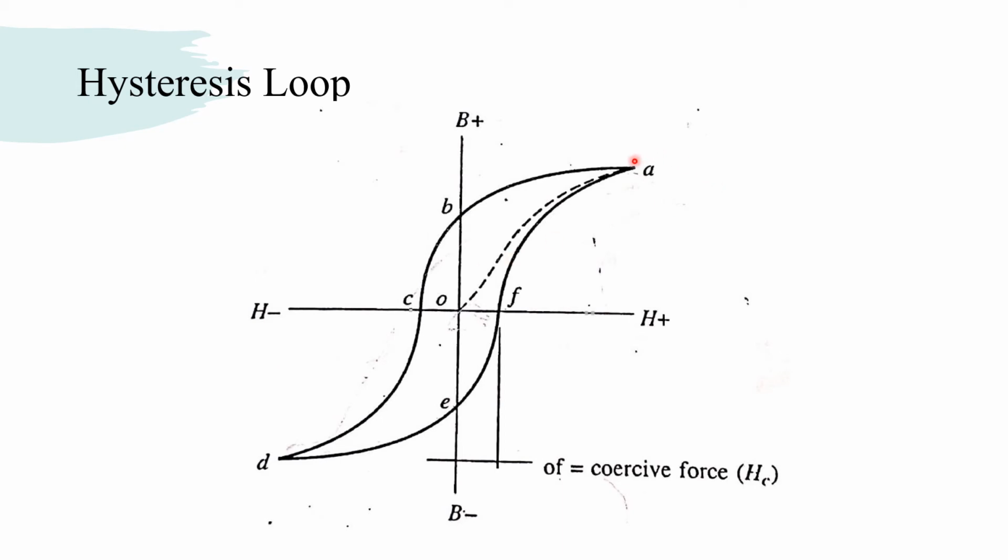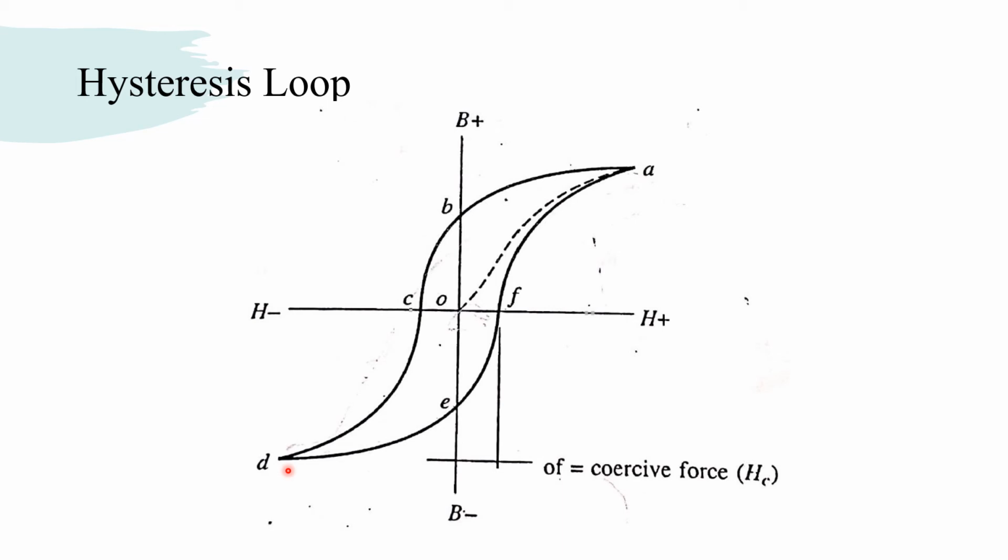A is the saturation point, B is the retentivity point, C is the coercivity point, and D is the saturation in the opposite direction.